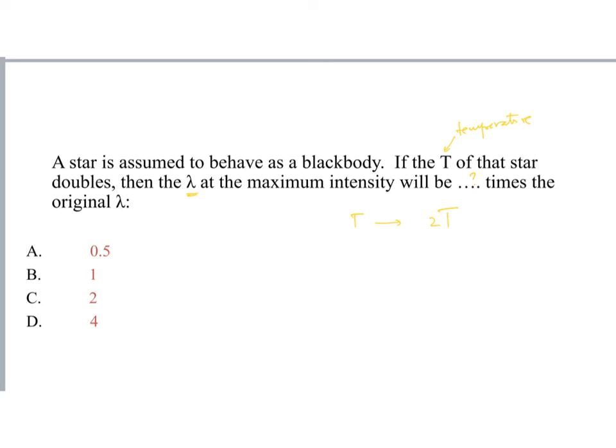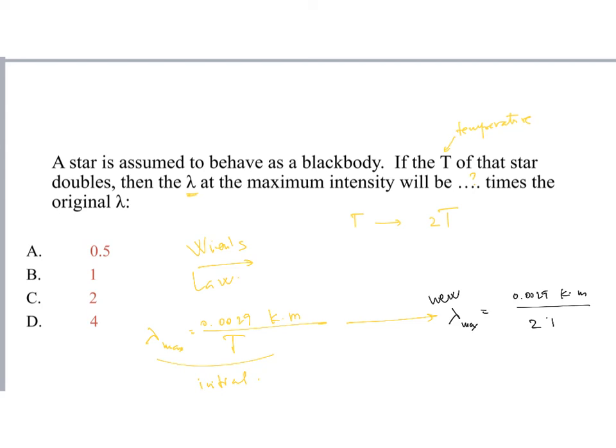And we have here some options. Now we can guess, or we can actually, we're going to use Wien's law again. So let's write down the law. Lambda max is 0.0029, some units here, Kelvin times meter divided by temperature, right? So if this was initial, and then the temperature becomes twice, then the new wavelength max is going to be 0.0029. These things don't change.